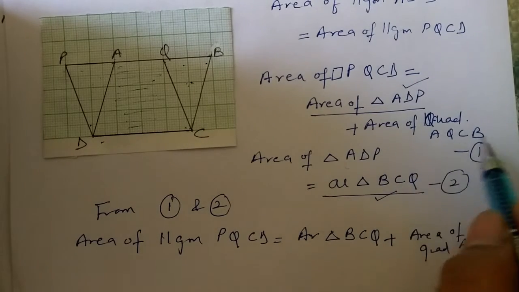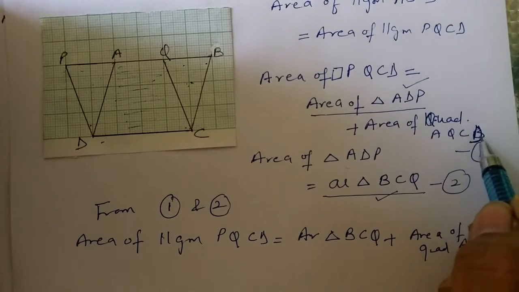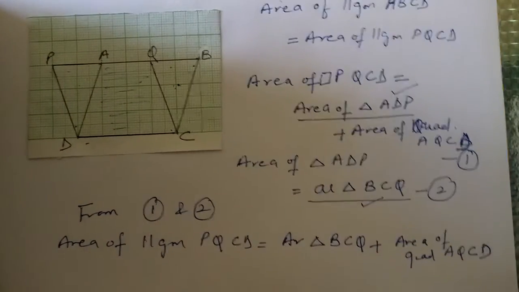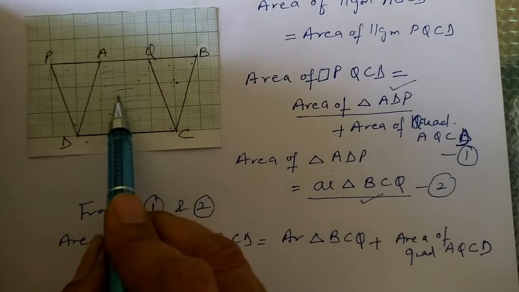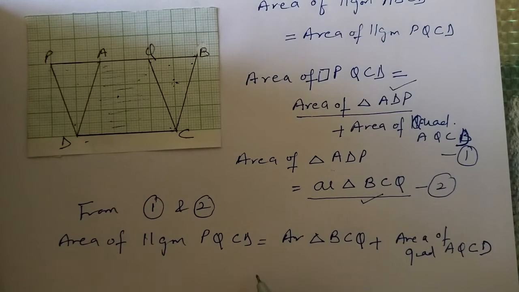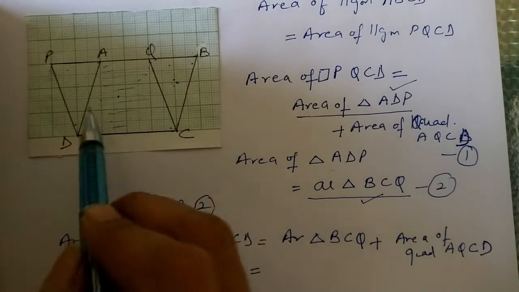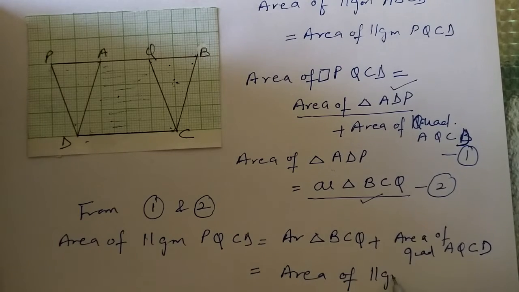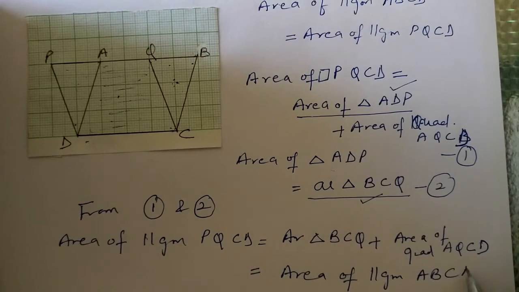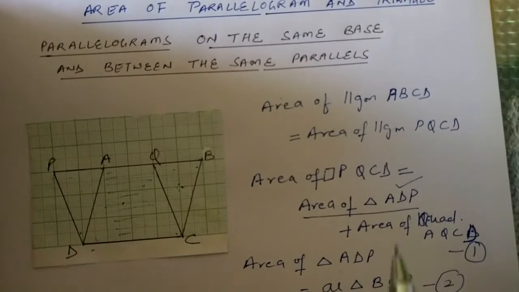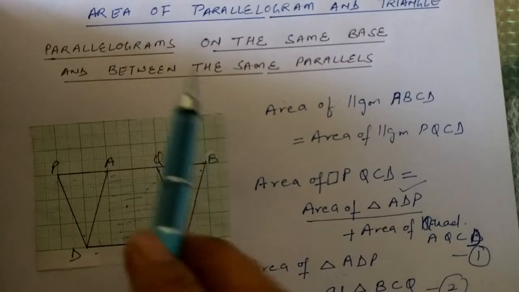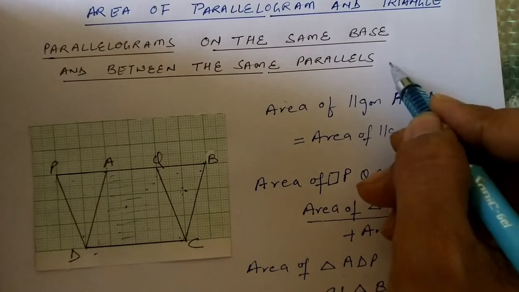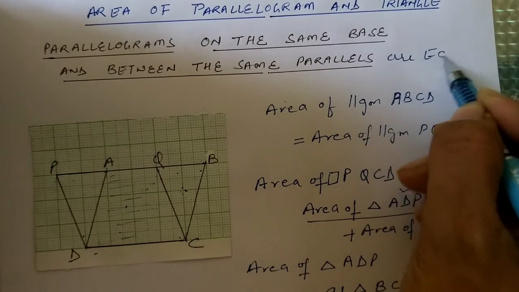This is AQCD, not AQCB. Sorry for the mistake. So the area of triangle BCQ and the area of quadrilateral AQCD together form the area of parallelogram ABCD. Hence, the theorem that we wanted to prove, that parallelograms on the same base and between the same parallels are equal in area, is shown.